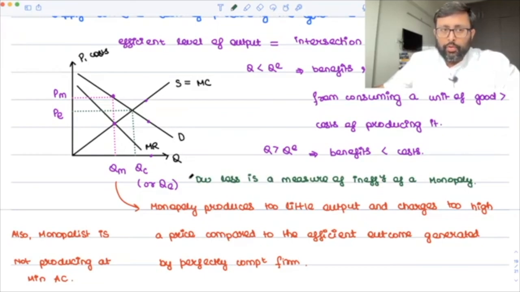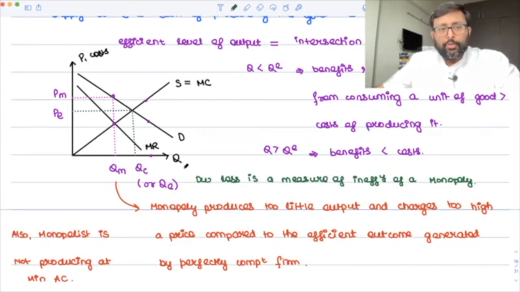So that is the point. It is the measure of inefficiency of the monopoly, and there is the loss of output from having a monopoly rather than the perfectly competitive outcome, in case the market is going to work with a monopoly, not with the perfectly competitive outcome, right?